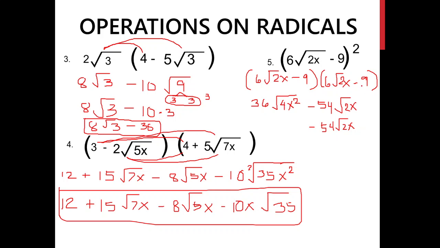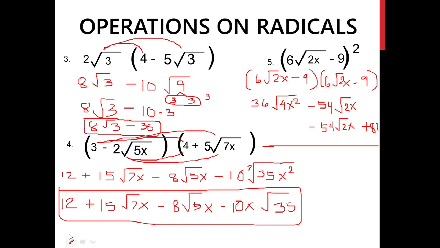Negative 9 times negative 9, that is positive 81. Then let's combine similar terms. This one, negative 54 square root of 2x can be combined with this one. And then since they have the same sign, we are adding like signs. Again, let's bring down this one. I'll just go ahead and erase this one.